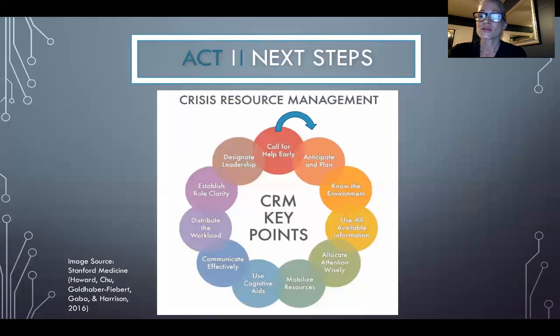You're going to use all the available information. You're going to know your environment and know where everything is. That is one of the biggest time management wasters, I'd say: trying to grab something or get something last minute. Know your environment every day.